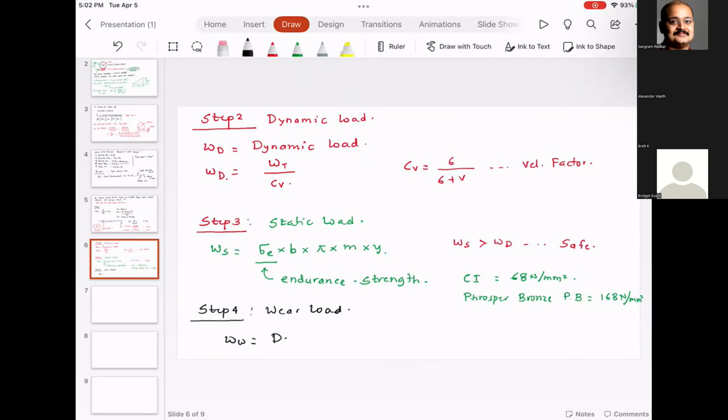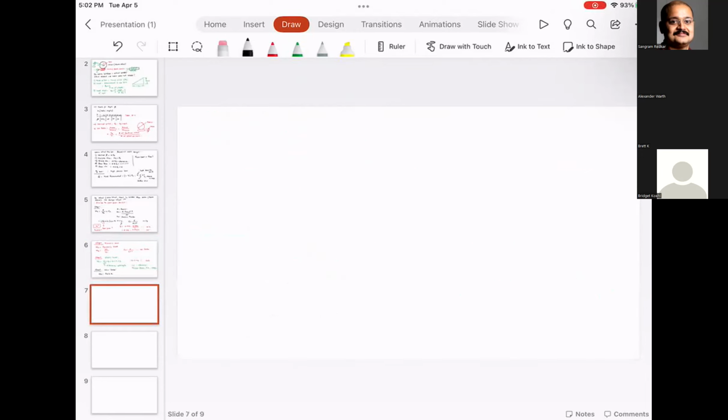WW is diameter of the wheel multiplied by B multiplied by K. And basically DG is the wheel diameter, B is equal to the width, and K is called the load stress factor.